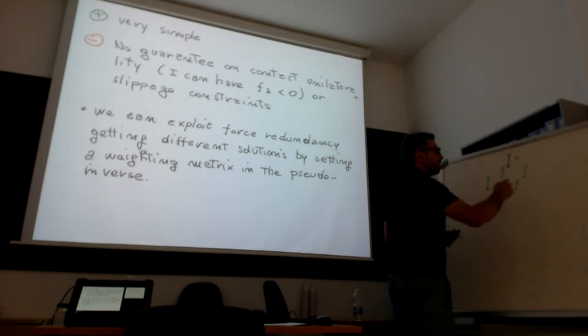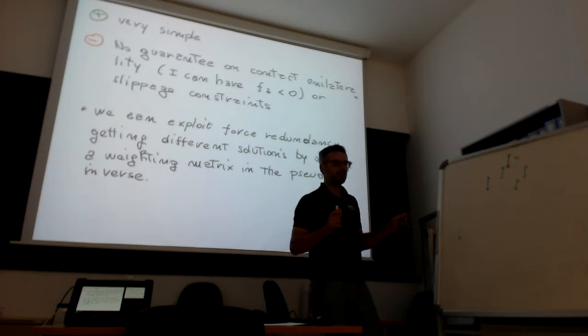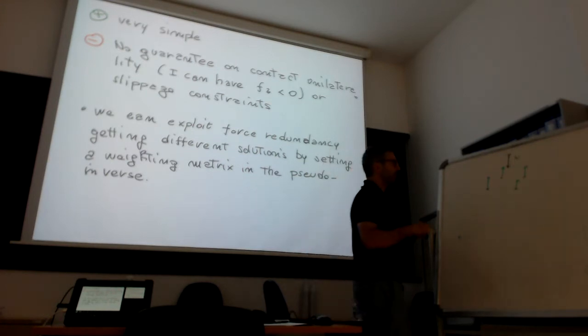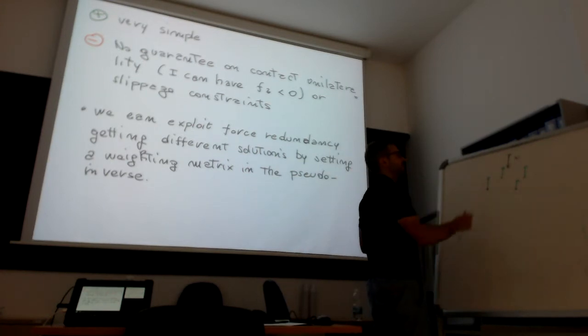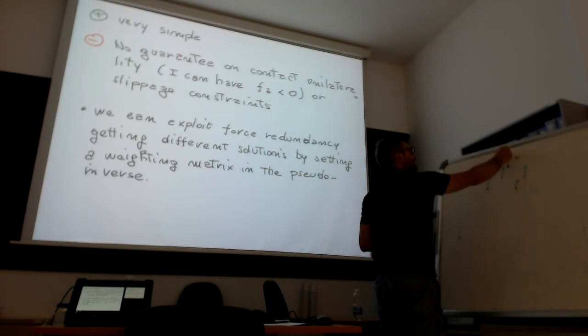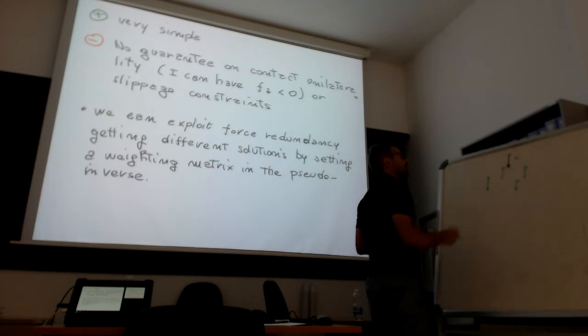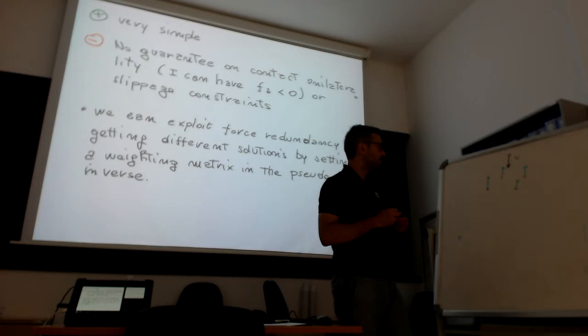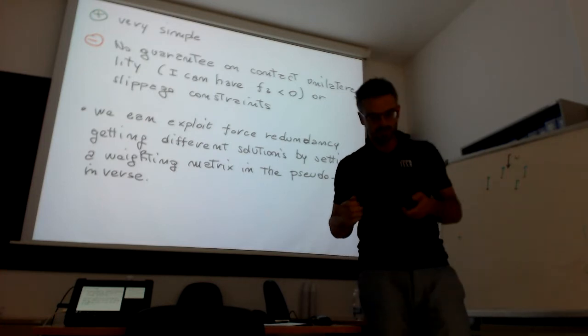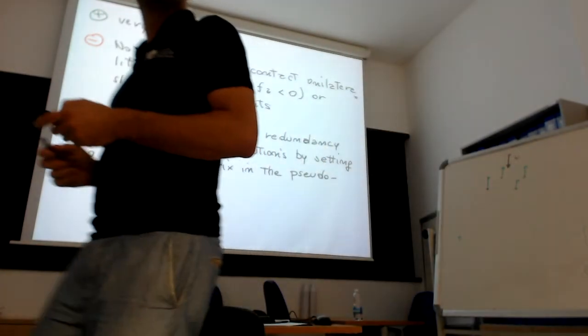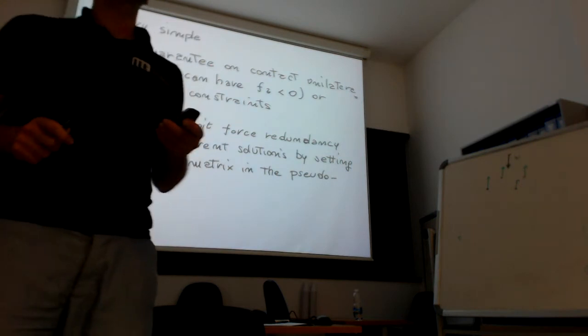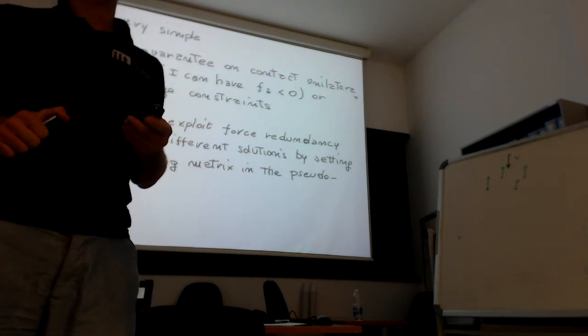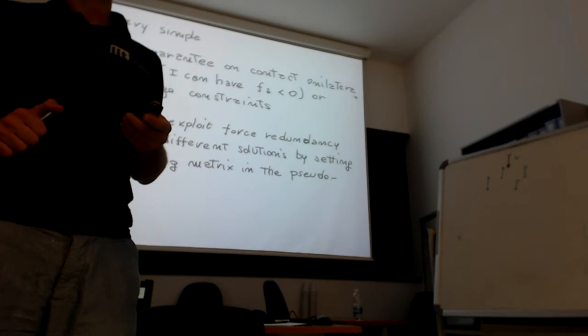If you use the Moore-Penrose pseudo-inverse, you will find a minimum norm force that provides this wrench if you multiply by J_B transpose. But you might have negative forces, which are not real.